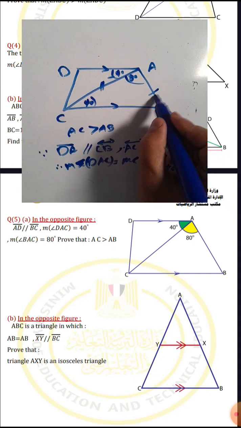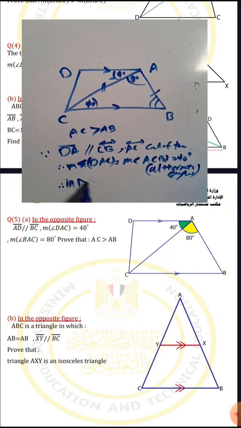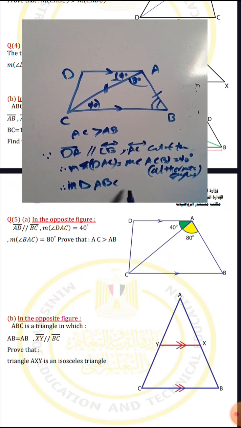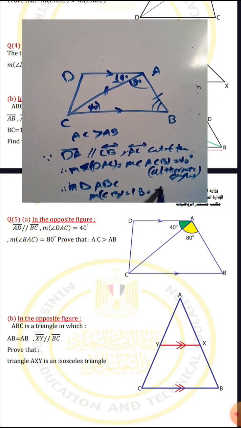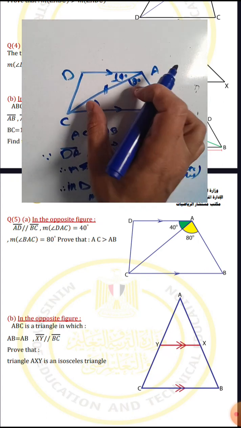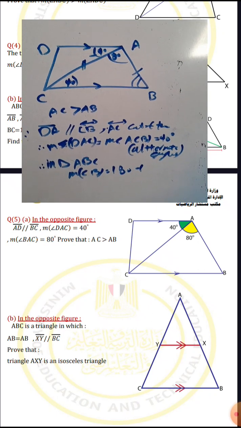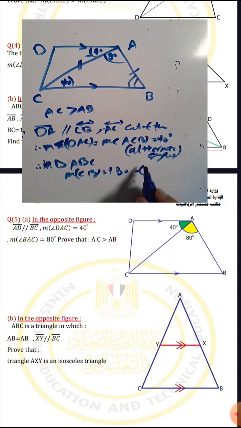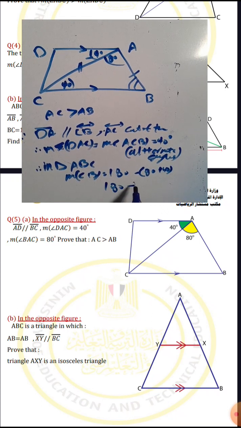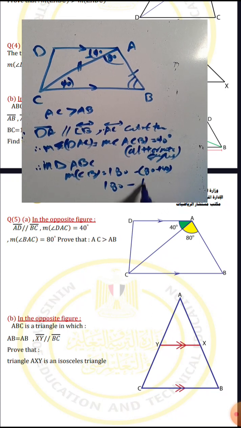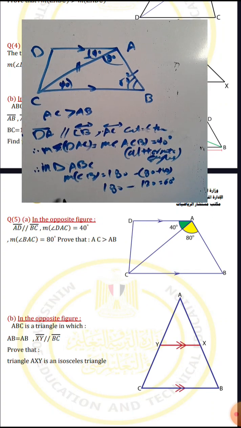Then you must find this angle B. Then in triangle ABC we can find the measure of angle B equal to 180 minus the sum of the interior angles, because the sum of interior angles equals 180. Then write 180 minus 80 plus 40. 120 is the difference, so it equals 60 degrees.